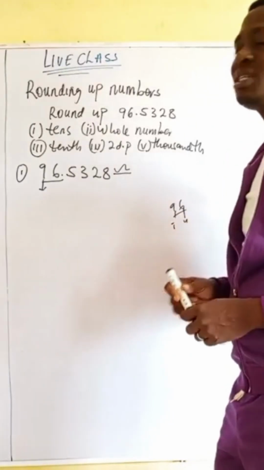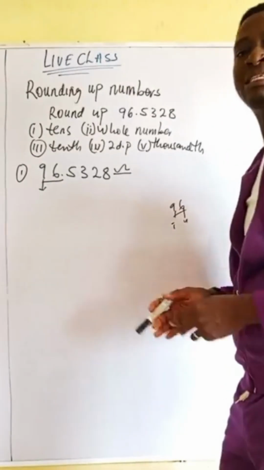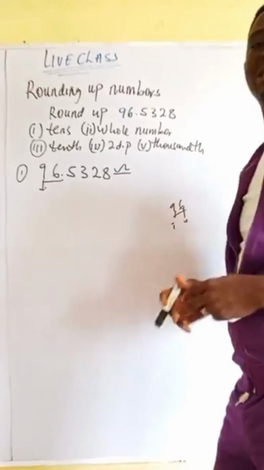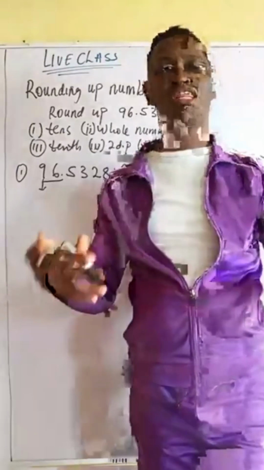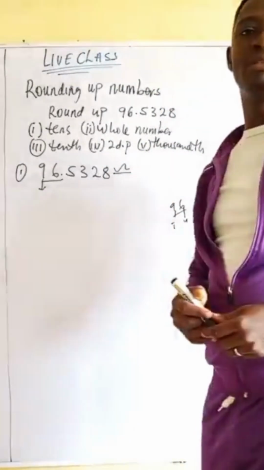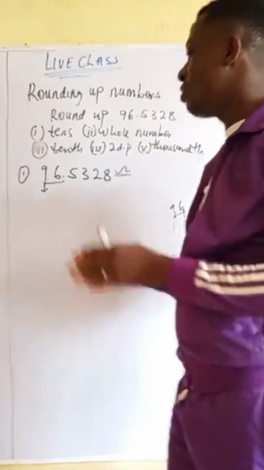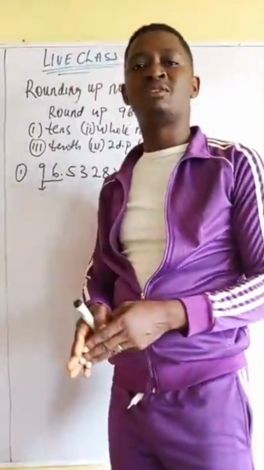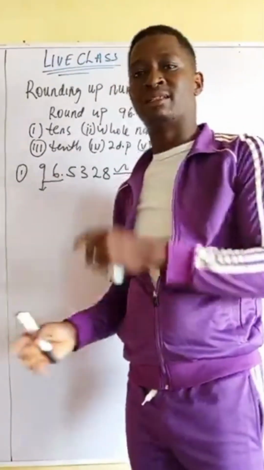Now we consider the next number to the right as we have been doing. It's the same pattern with tens, hundreds, thousands, tens of thousands. It's the same pattern with whole numbers and decimal numbers. When you look at the one you're rounding up to, you consider the next digit to your right.